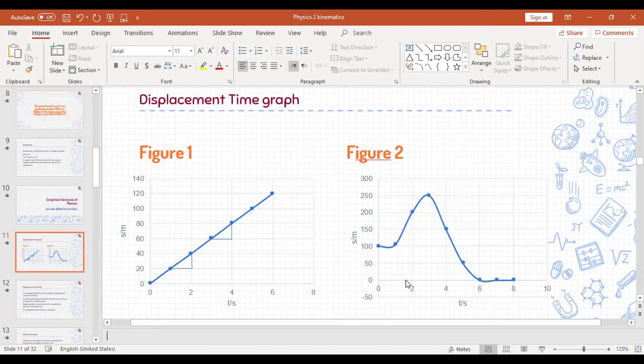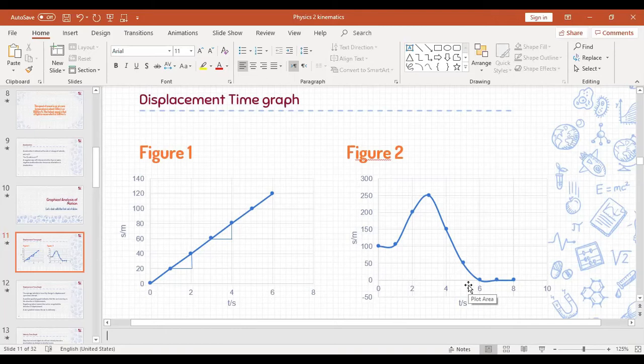At points between 1 and 3, there is uniform change in the displacement. And at points between 3 and 6, there is also uniform deceleration.